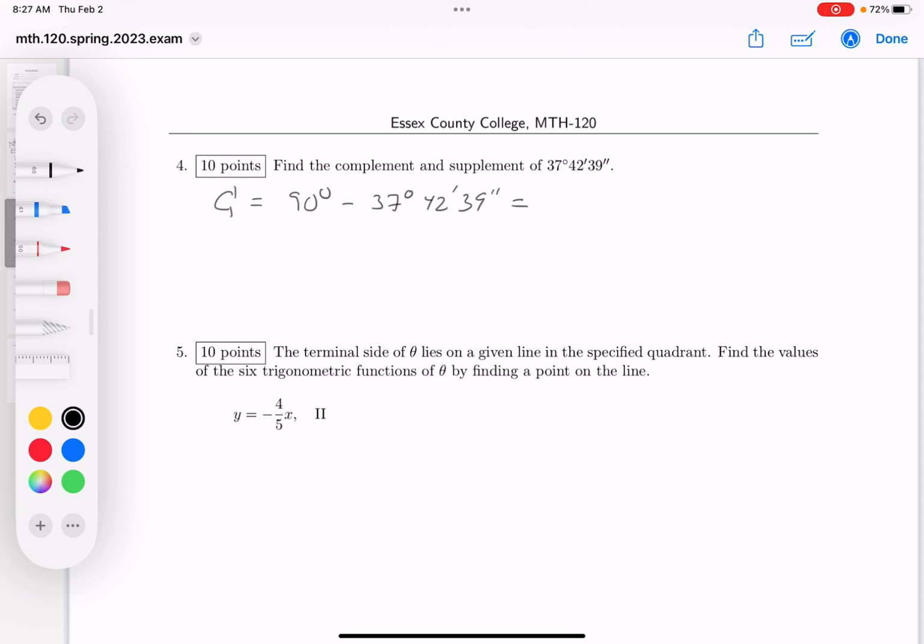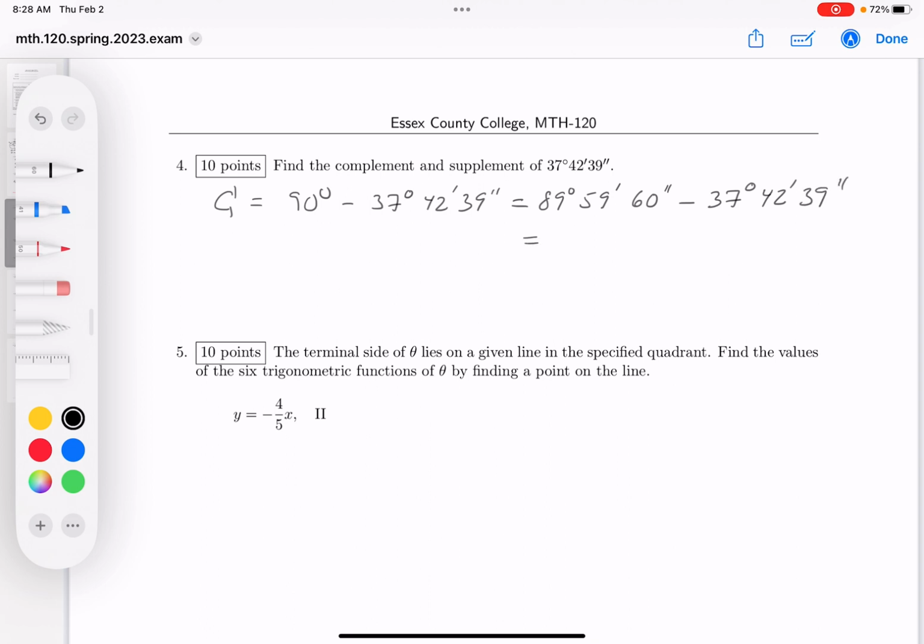Well, it's a mixed number, so I need to write 90 in terms of a mixed number. That would be 89 degrees, 59 minutes, and 60 seconds, minus 37 degrees, 42 minutes, 39 seconds.